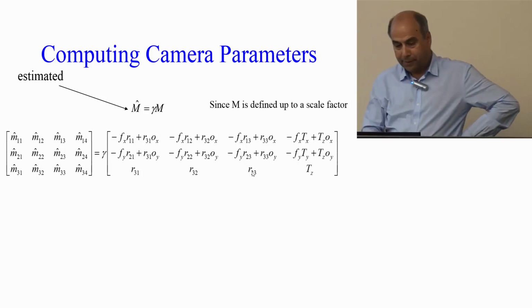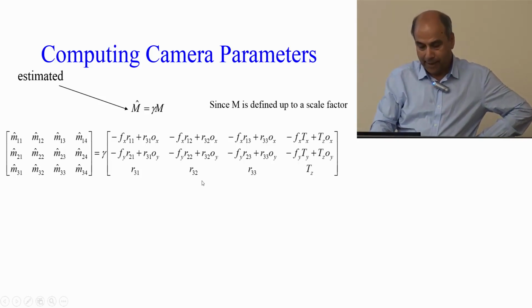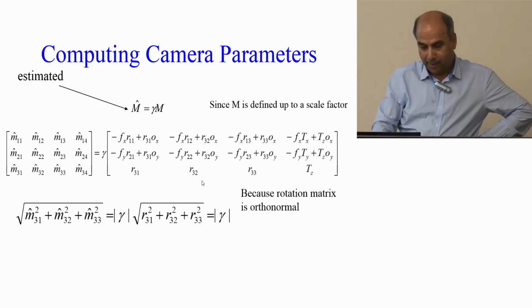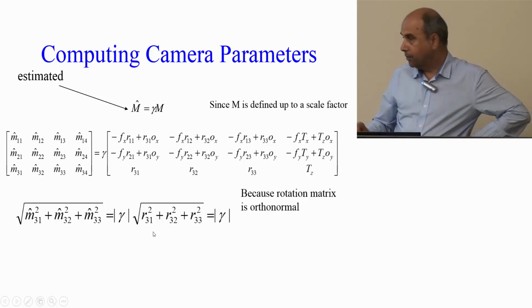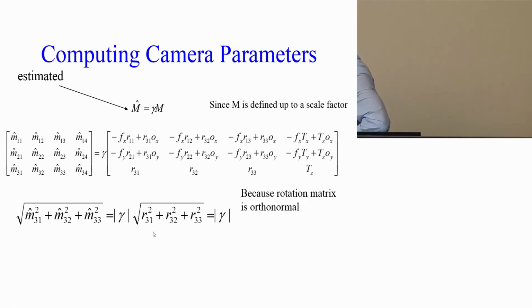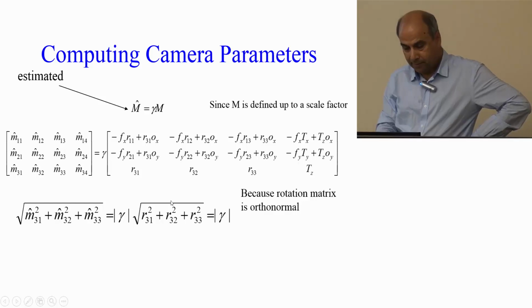So therefore, we are going to take this row and multiply it with itself. That's the dot product of this. So it will become R31 squared plus R32 squared plus R33 squared, and then the corresponding elements M31 squared, M32 squared, M33 squared, and we'll take the square root of that. And so this one is what?